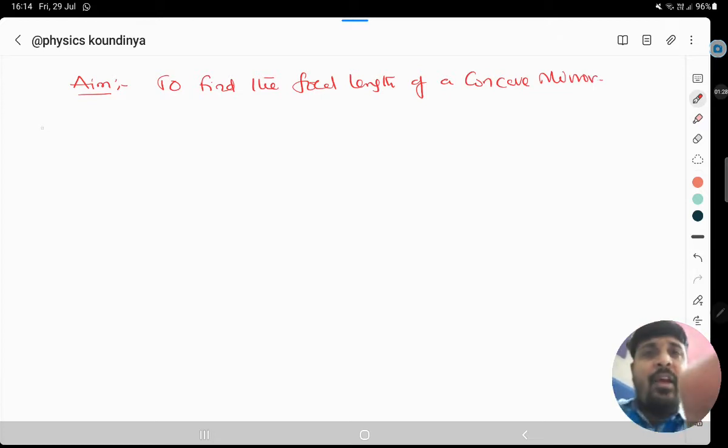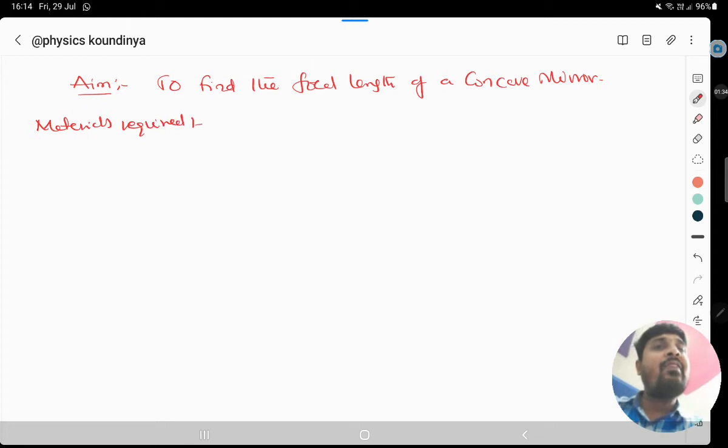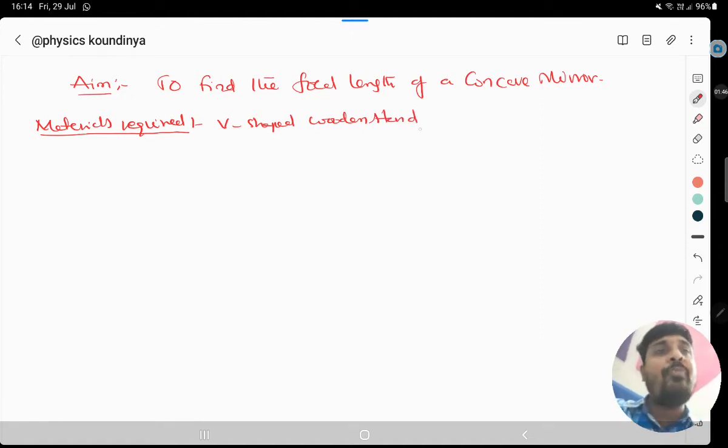Now we are going to see what are the materials required for this experiment. We require a V-shaped wooden stand to keep the concave mirror, and obviously we require a concave mirror.